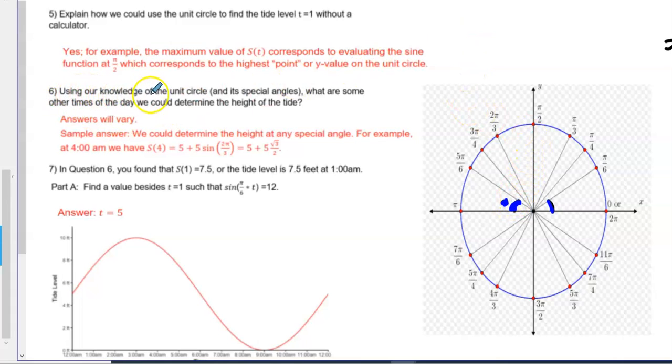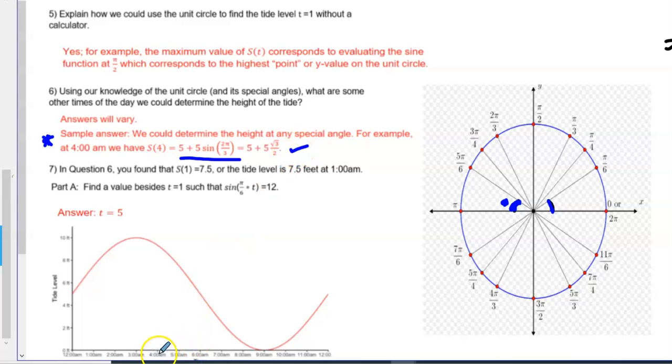Number 6, explain your knowledge of the unit circle and its special angles. What are some other times of the day at which we could determine the height of the tide? If you took, like, 4 a.m., if you remember, t equals 4, right? If we put t equals 4 into the expression, we are going to get 5 plus 5 sine 2 pi on 3.